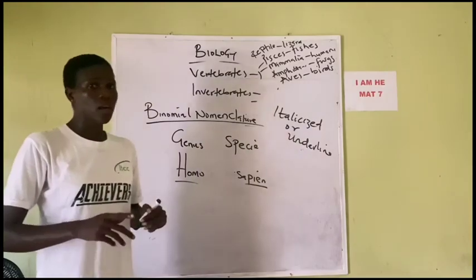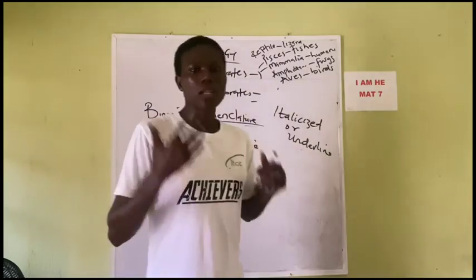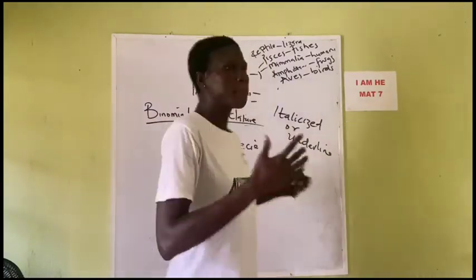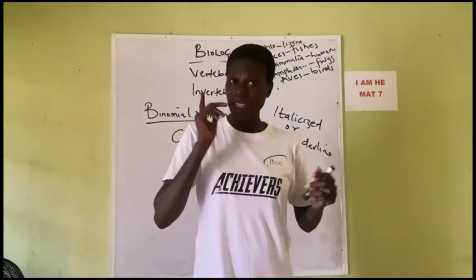For example, I want to classify human beings based on this KPCOFGS order, that's the order of classifying living things.